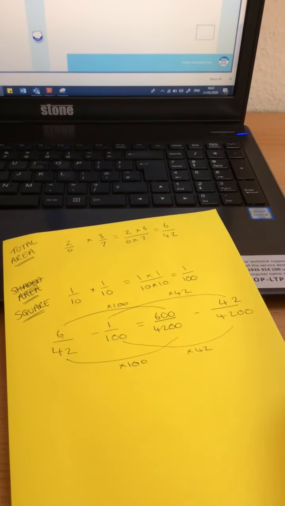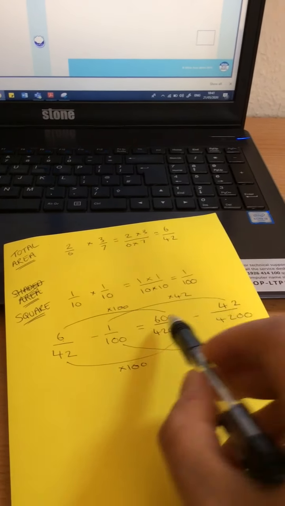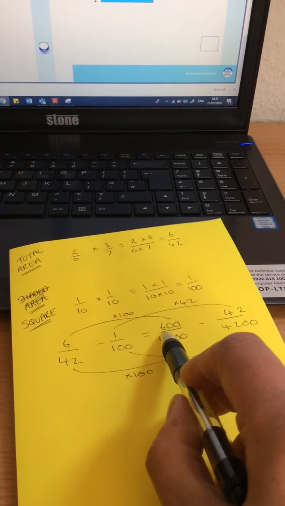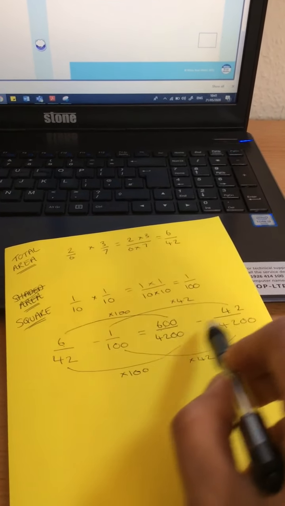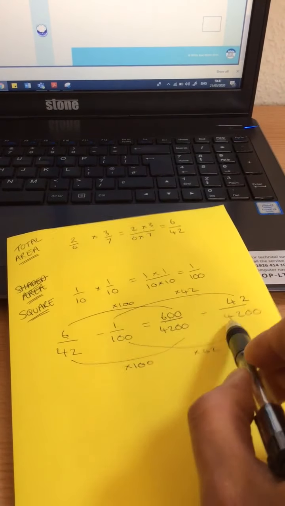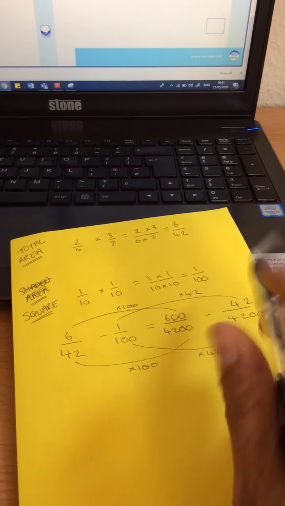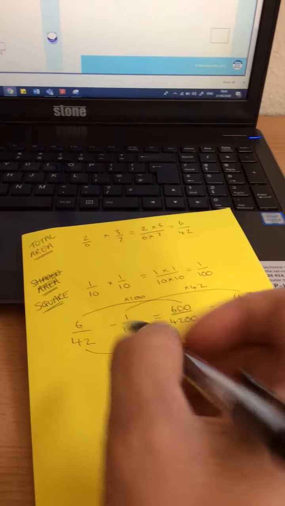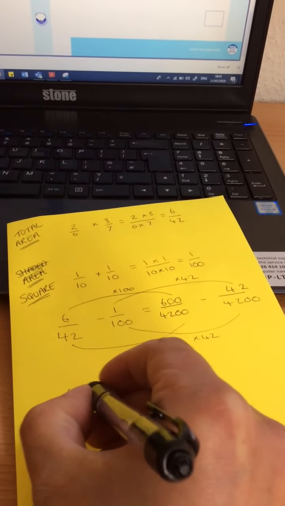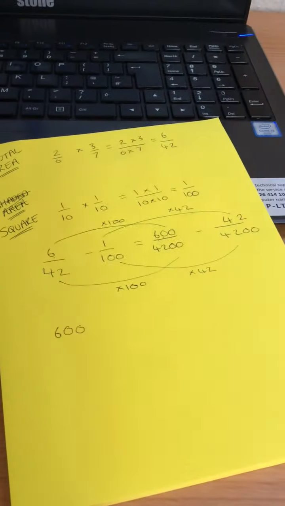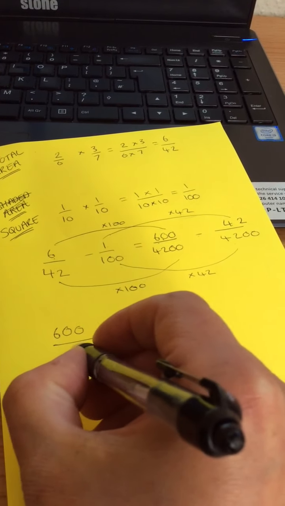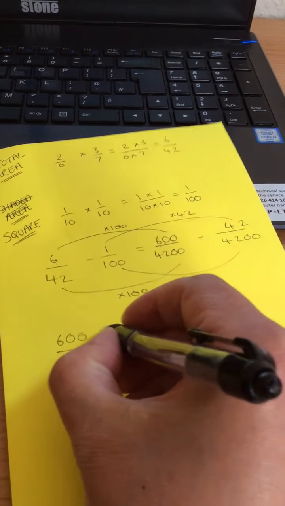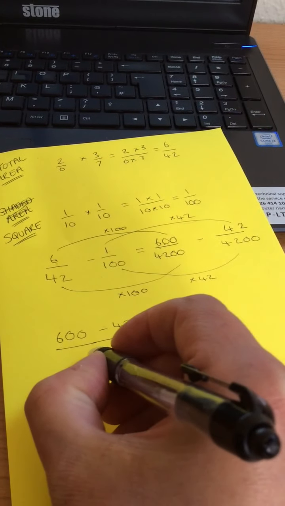Okay, so now I've got it to this point. I've now got 600, which is my biggest number, subtract 42. I don't touch these denominators, I leave them, because now I'm subtracting fractions, which is a slightly different method. So I'm going to set it out like this. Subtract 42.